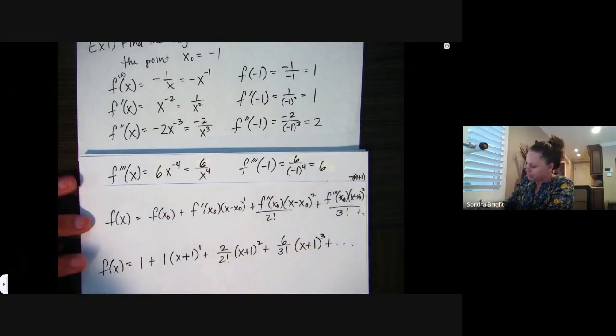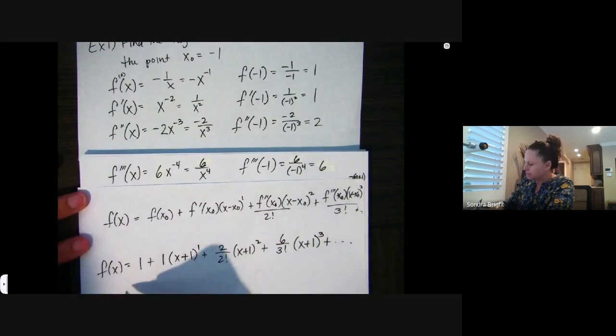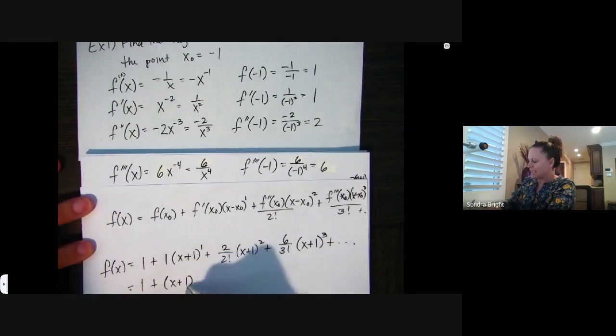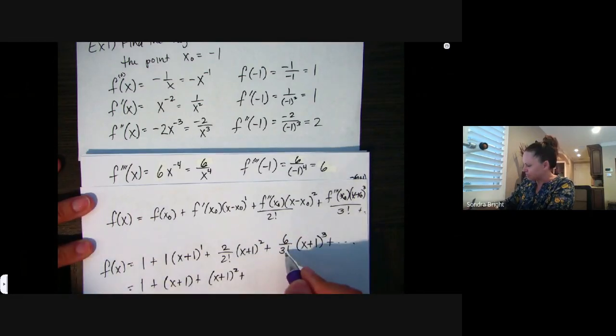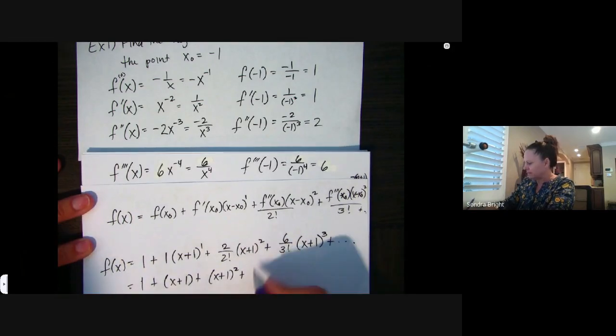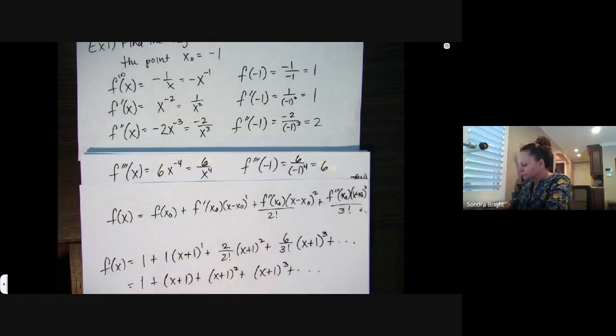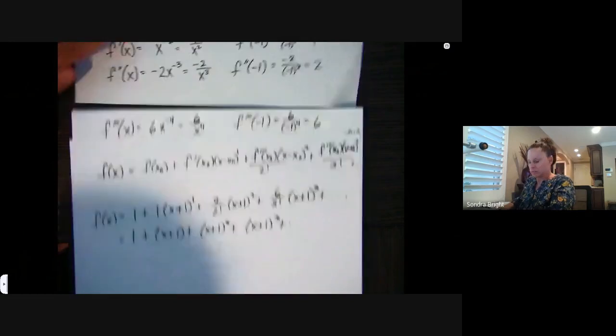And so you would just simplify and go 1 plus x plus 1 plus, oh look, that canceled, x plus 1 quantity squared plus 3 factorial is a 6, so those cancel, and you got x plus 1 cubed. There you go. That's the same as had you expanded out.